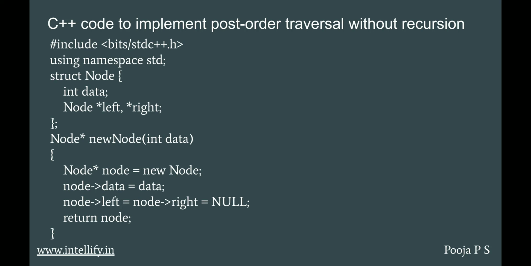And this is the function that we use to create a new node with the given data. We set the node's data to data, assign the left and right nodes as null, and return the node.